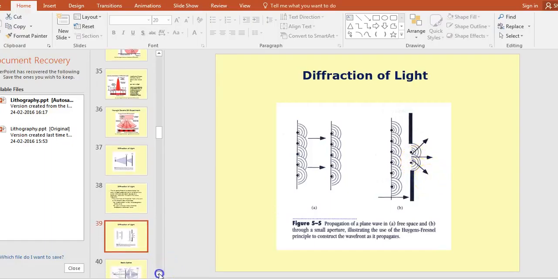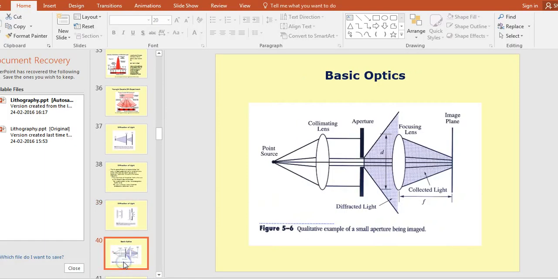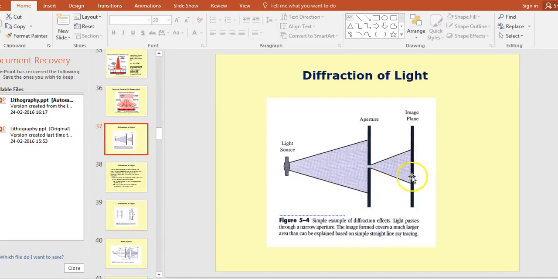So at the image plane, they will be creating maxima and minima. Maxima is where the intensity of the light is maximum, and minima is where the intensity of the light is minimum. So alternate maxima and minima will be formed on the image plane.